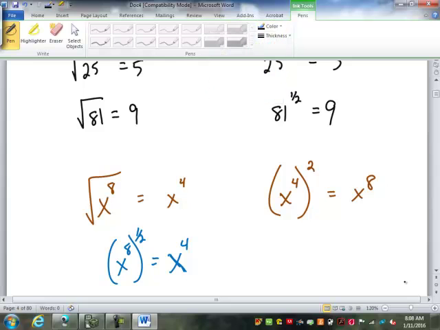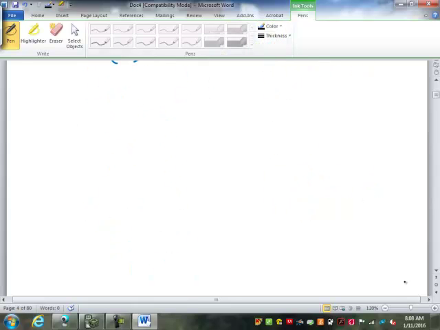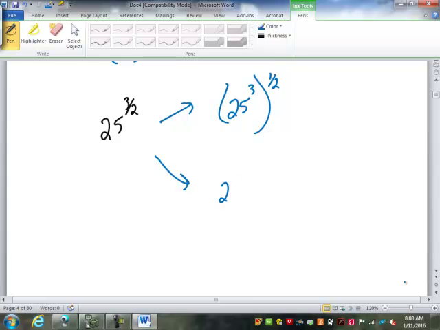So when I have a power like this, 25 to the 3/2, it's actually 2 separate problems combined into one. And there's actually a choice. I can either do 25 to the 3rd power and then square root it, or I can do 25 to the 1/2 first, in other words, the square root of 25, and then to the 3rd power.